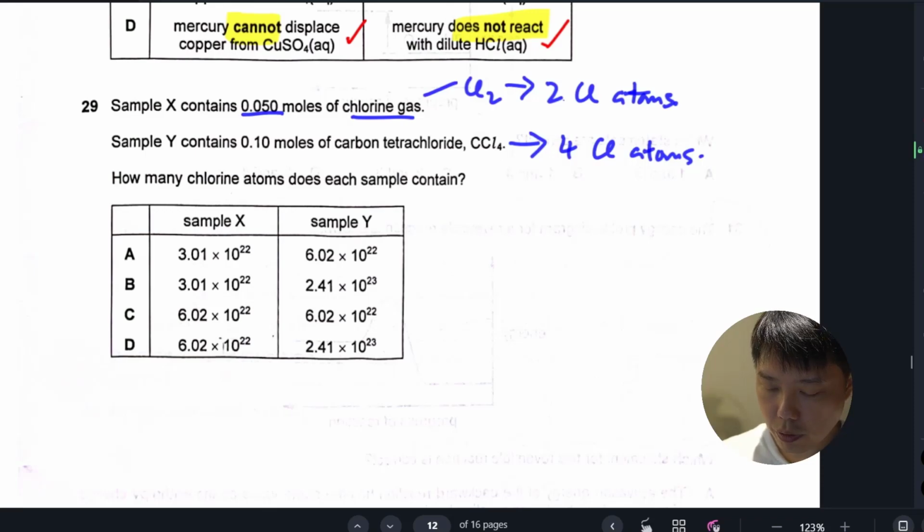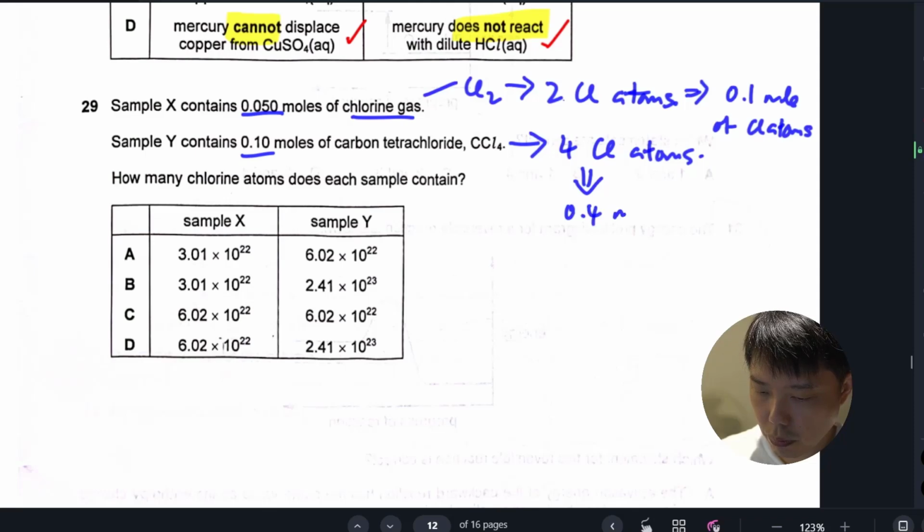If 0.05 times 2, that will give you a grand total of 0.1 mole of chlorine atoms. If there's 4, then 0.1 times 4 is 0.4 moles of chlorine atoms.